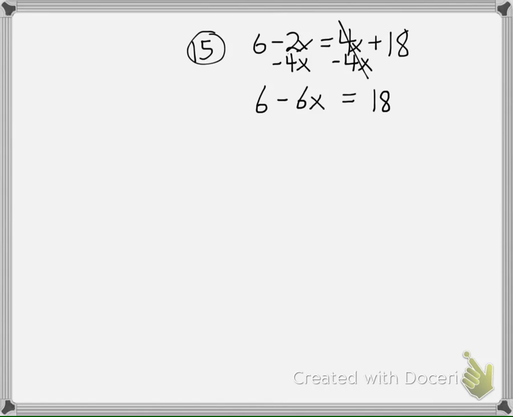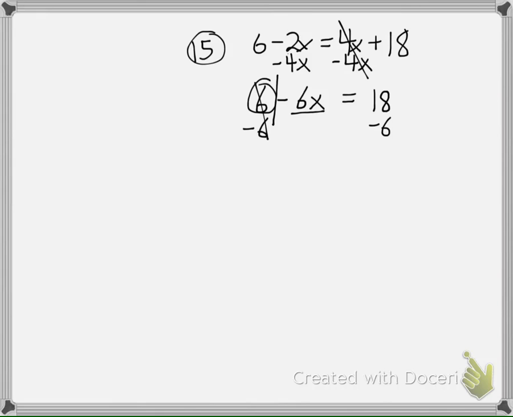Now from here, I need to get rid of the 6. I'm trying to get x by itself, so I want to get rid of that. It's a positive 6, so I need to subtract it. Be careful, here's a common mistake. What's left on the left-hand side of the equation? Negative 6x. Remember, just because the 6 goes away doesn't mean the minus sign goes away.